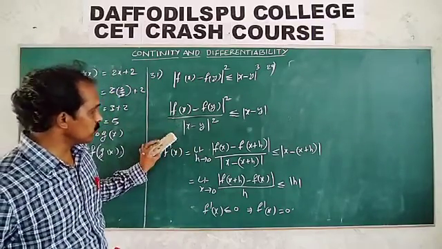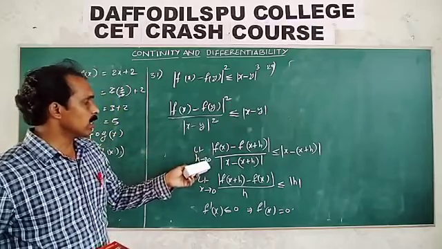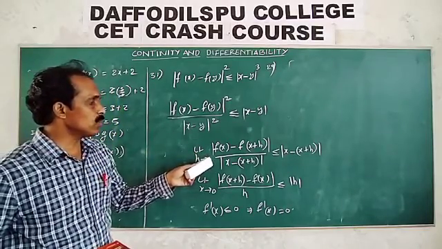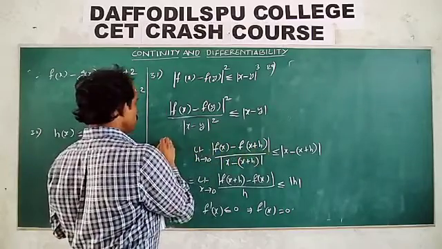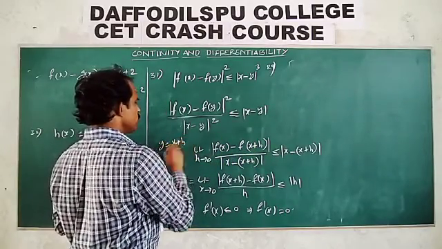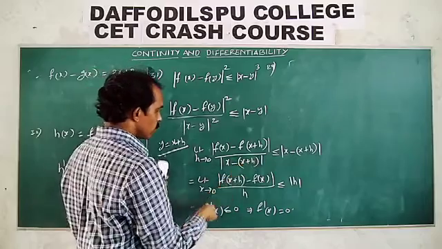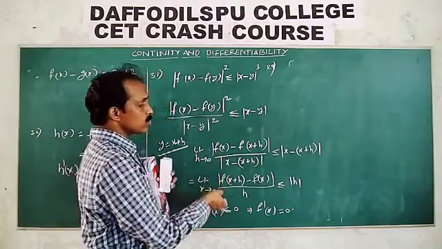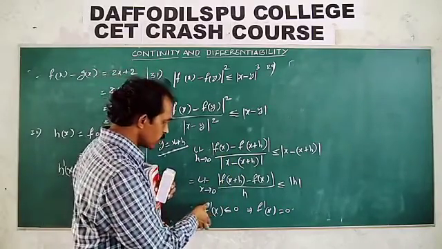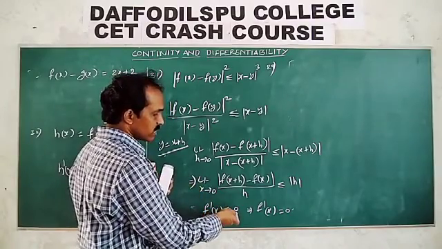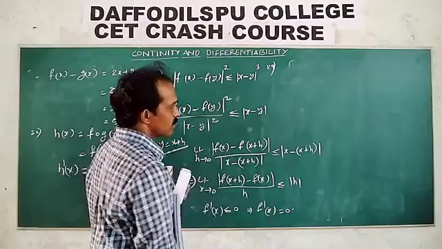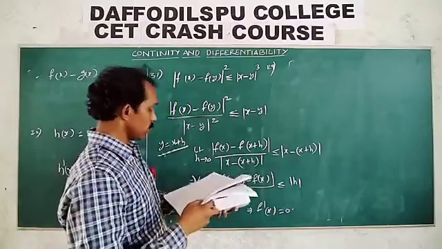Just to take for this, apply limit distance to 0. Actually put y place x plus h and the limit distance to 0, this value. What is this value? This value is equal to first principle of the derivative. That's why if you take this one, f dash x less than or equal to 0, that implies f dash x value how much? 0. Okay.